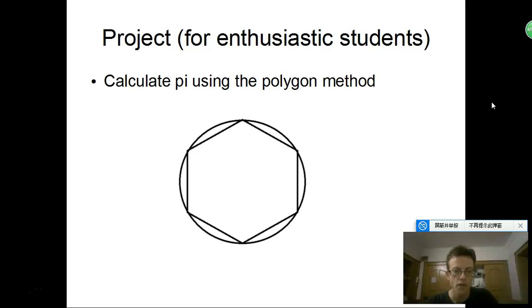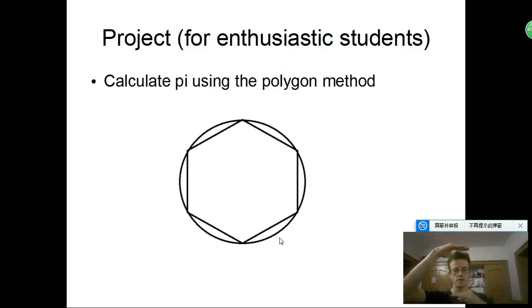This is the method that Archimedes used for calculating pi. He put polygons inside of circles, calculated the perimeters of polygons, and then he said, well, the circle must have a bigger perimeter than the polygon, so the polygon is the smallest part. He also put a polygon outside of the circle and said that will be the ceiling, right?